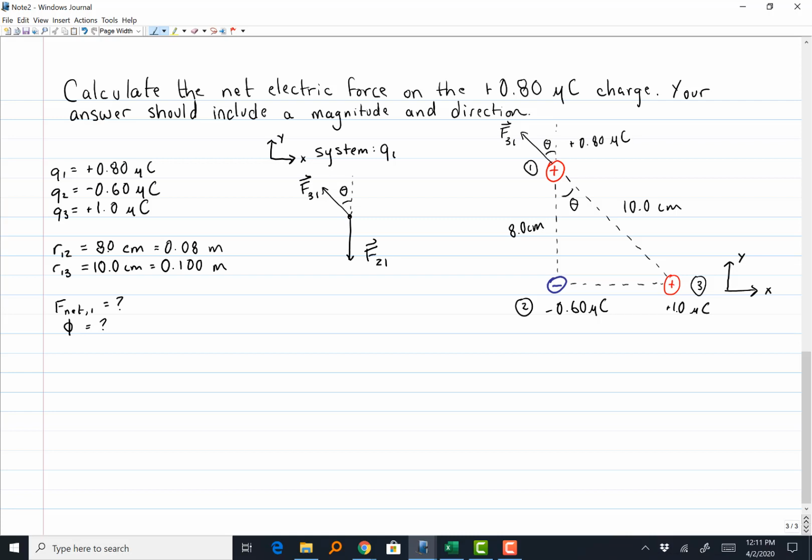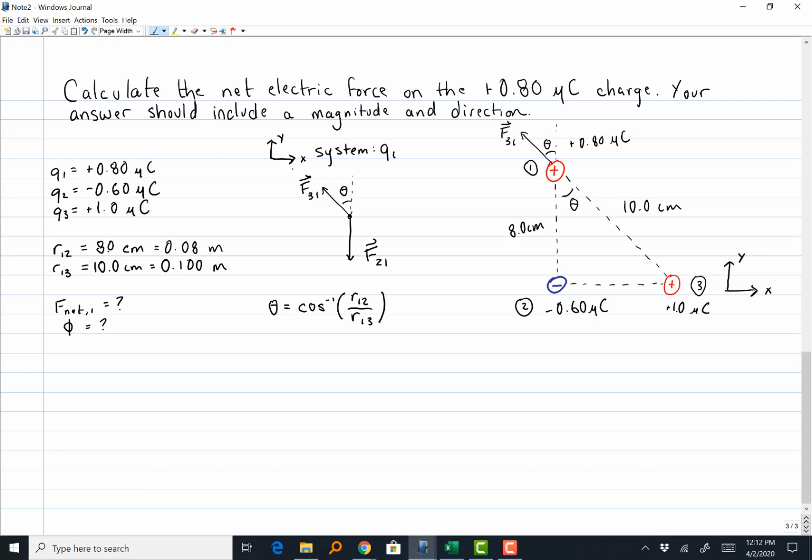To find that angle, I'm going to use my inverse trig functions. I'm given the adjacent side, my 8 centimeters, and the hypotenuse, 10 centimeters, so that's going to be cosine. So I can use the inverse cosine of R12 over R13 to get that angle. So 8 over 10 in the inverse cosine. I believe it's something like 36 degrees.